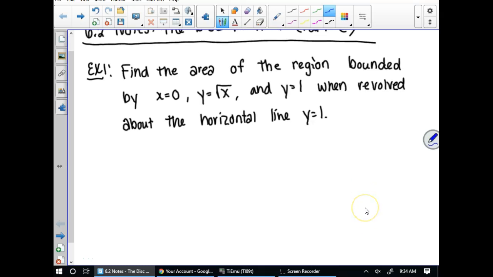What you really want to do with any of these is get a picture of what you're looking at, because if you can't tell what is the outside or inside radius, it's going to be really hard to know what you're doing for these. So if we graph this here, we have y equals the square root of x.